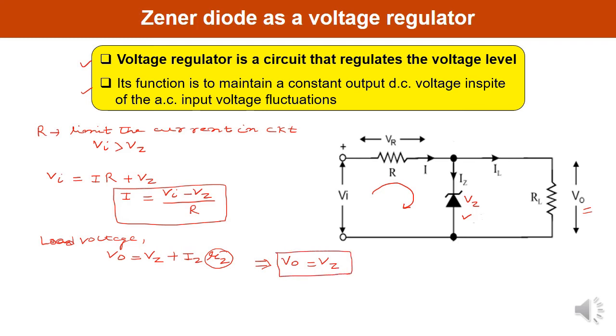Now from here you can calculate the current through the load resistance. Current through the load resistance is written as IL, which is nothing but V0 upon RL. And according to KCL, if you apply KCL at point A, let me write it.